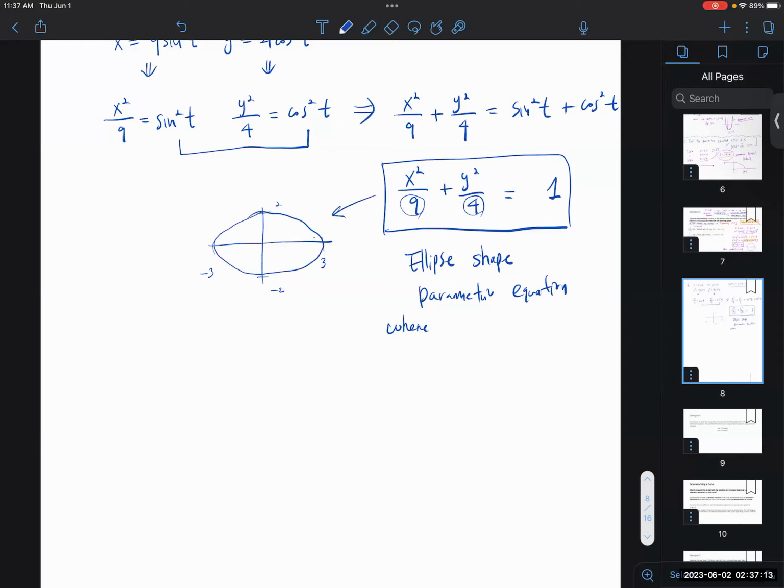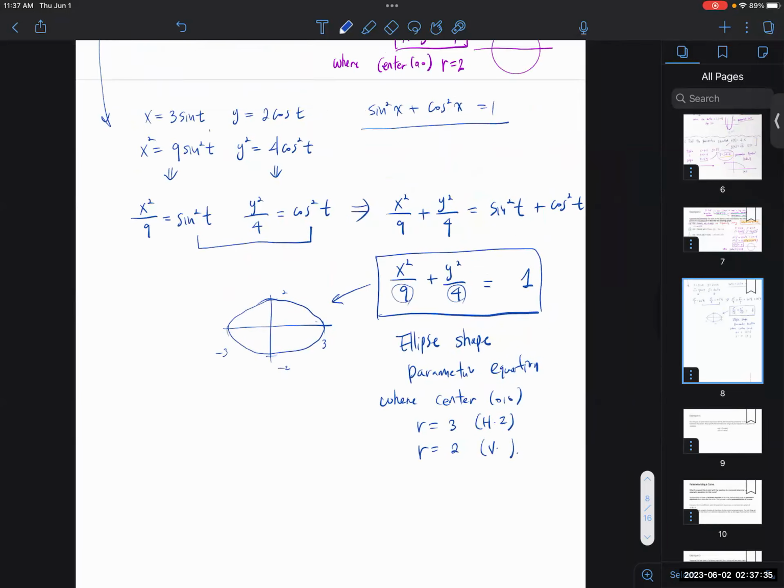This is the equation of an ellipse shape, where the center is (0, 0), one radius is 3 horizontally, and another radius is 2 vertically. Okay, so that's your answer for letter B.